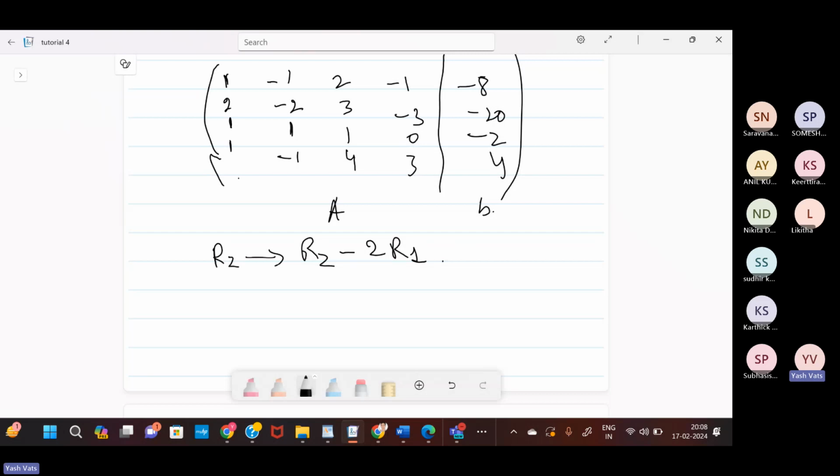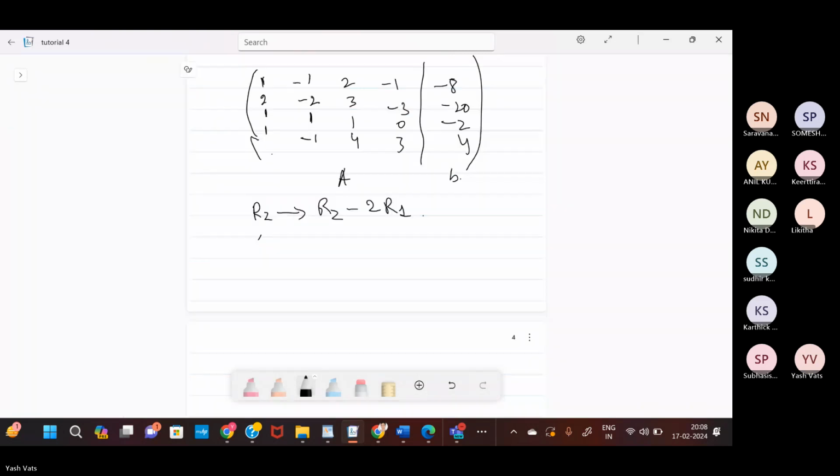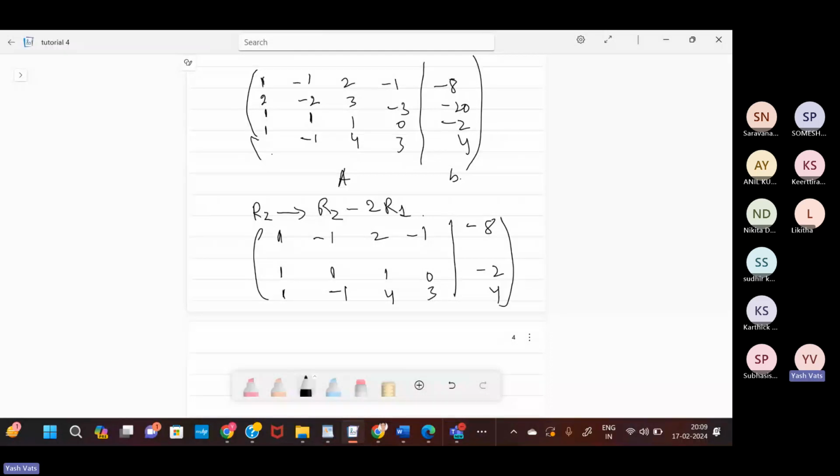Okay, tell me what should be the second row. Okay, I leave the second row for a while. Tell me after the operation, what are the values? This should be 0. Next one, 0. Next one.